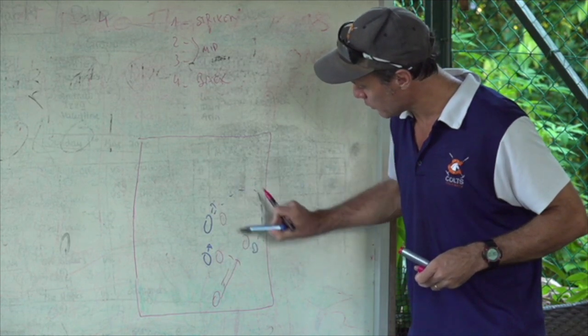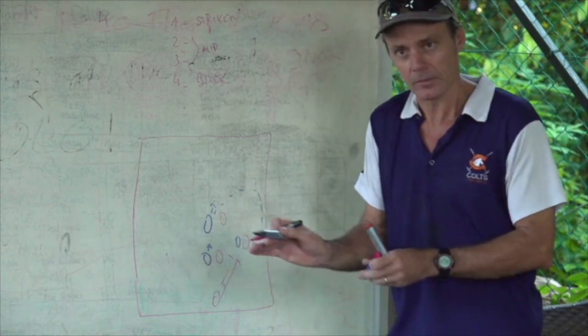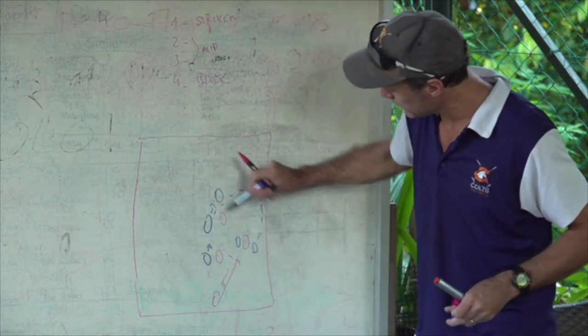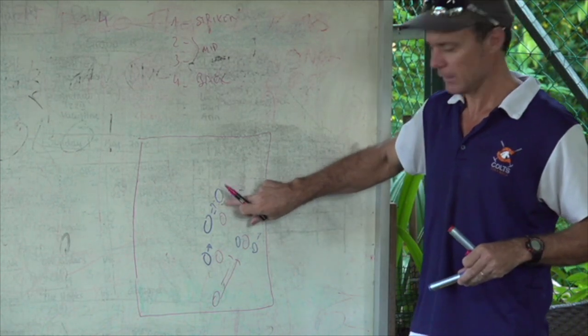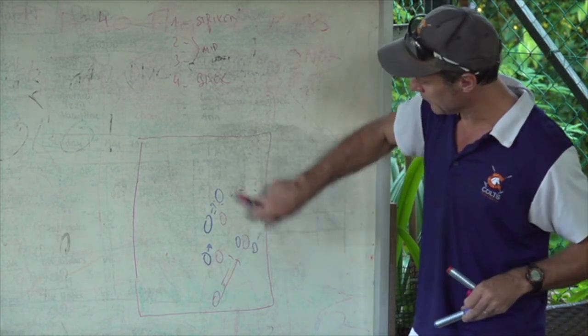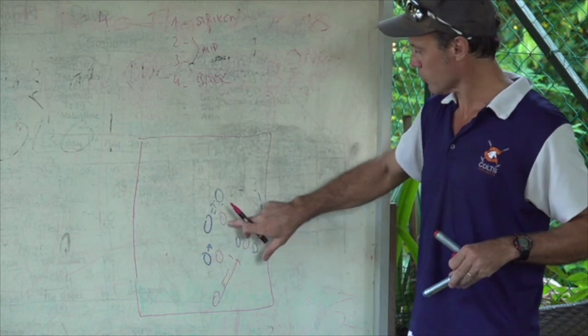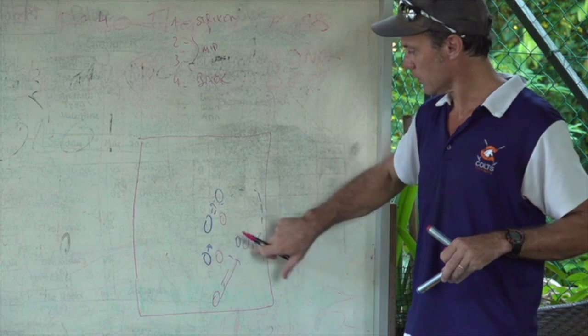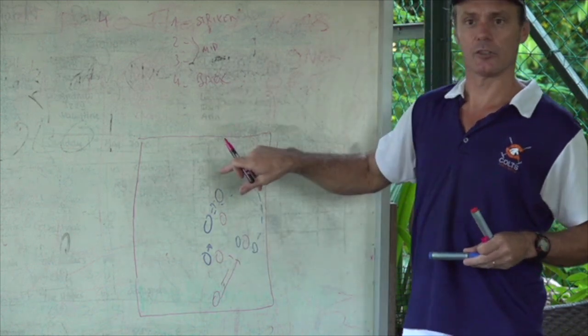And the number 4 will be here, somewhere at the back, because he's the most pessimistic guy. He always thinks the worst thing can happen, that these guys will take the ball through. So he has to basically support and rectify any guys that go through.